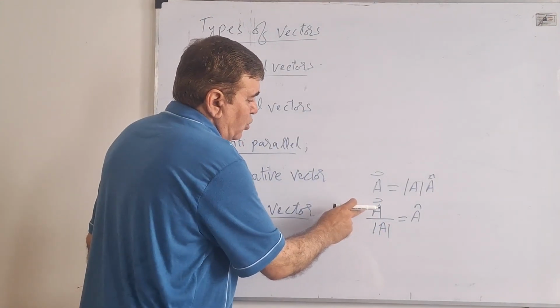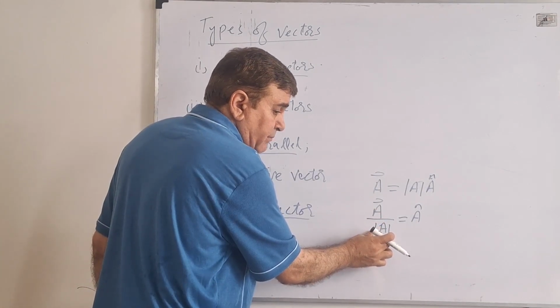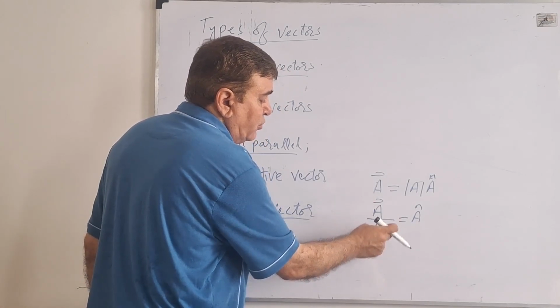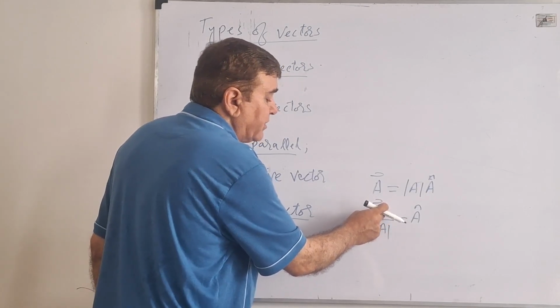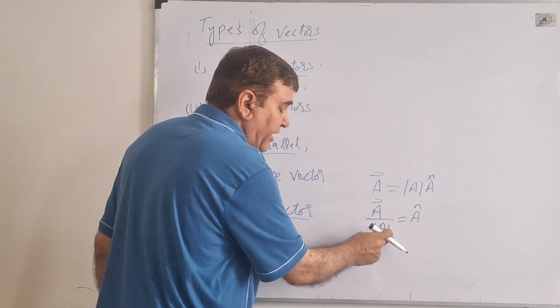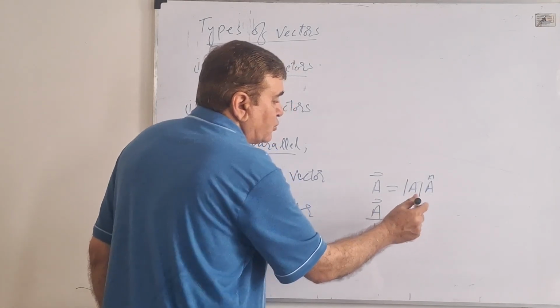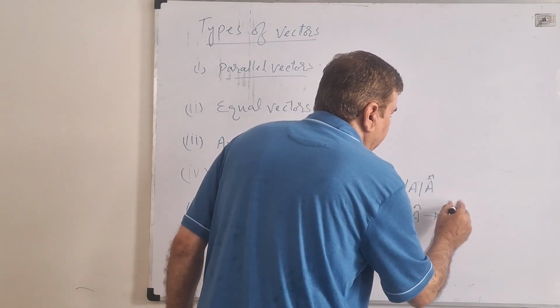Now, look, we divide a vector by its magnitude, and the magnitude is a number times a unit. So the unit with this vector and the unit with this vector cancel out, or the unit in the numerator cancels with the unit in the denominator, leaving the unit vector dimensionless. So a unit vector is a vector of unit magnitude with no dimension.